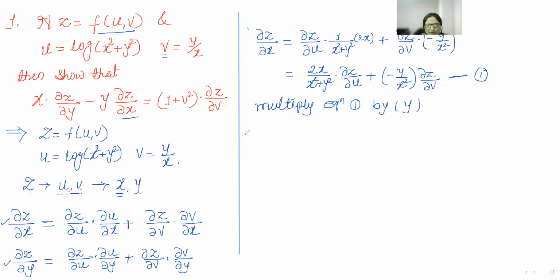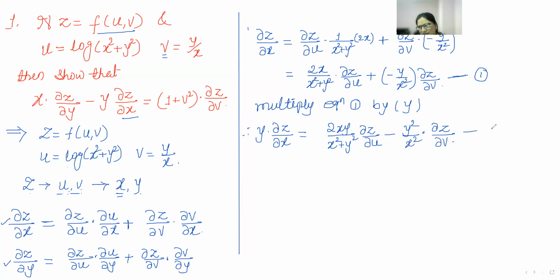Therefore, we have y into dou z by dou x is equal to 2xy divided by x square plus y square into dou z by dou u minus y square upon x square into dou z by dou v. I will make it the star equation.